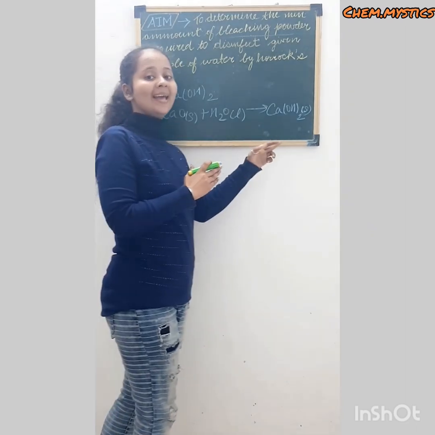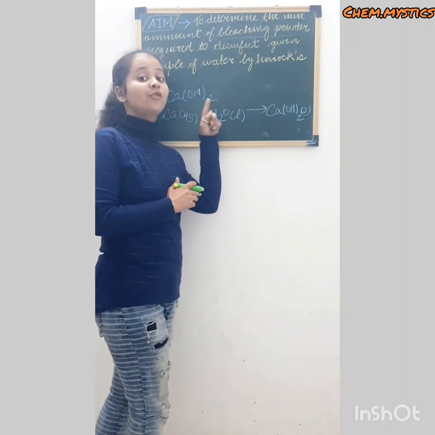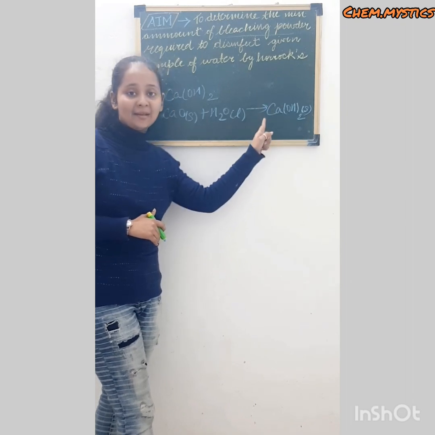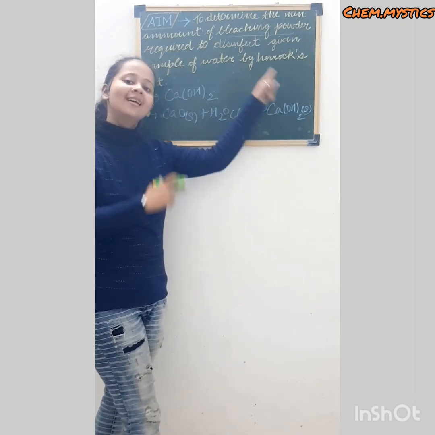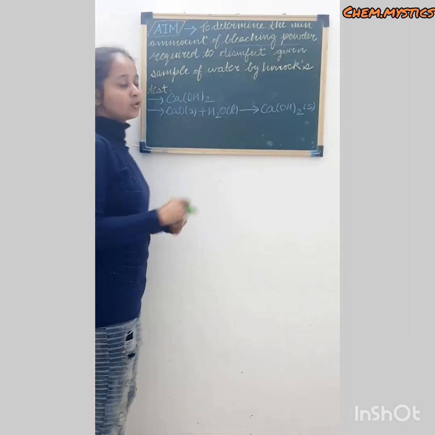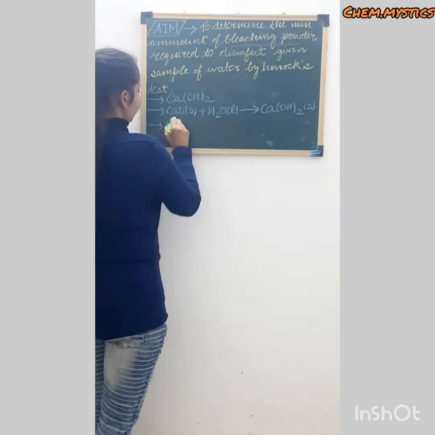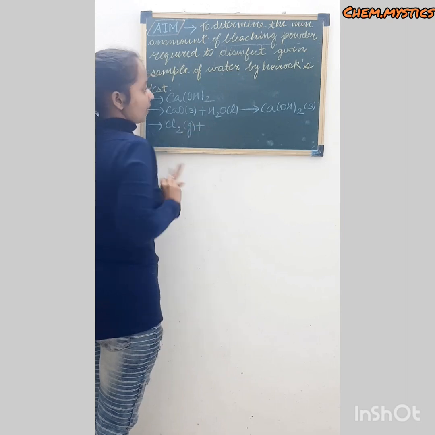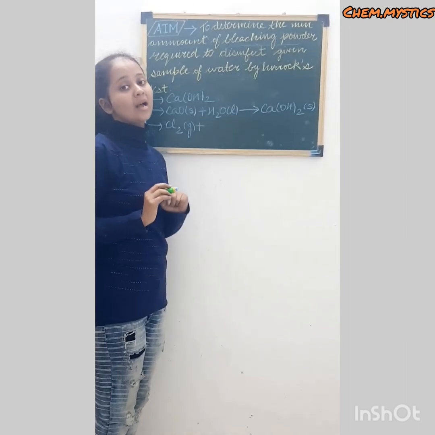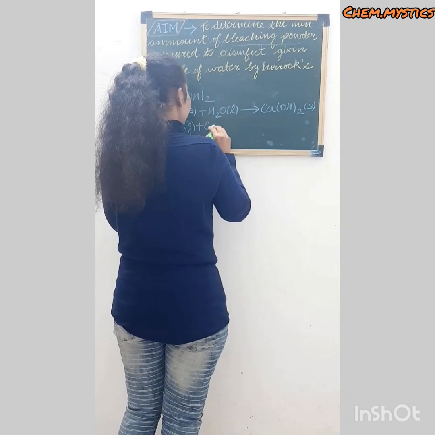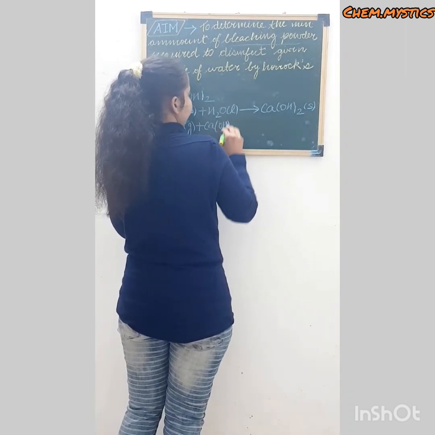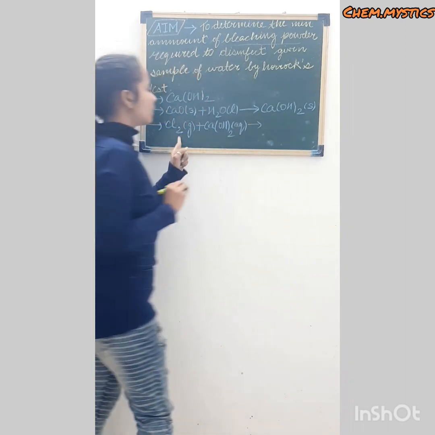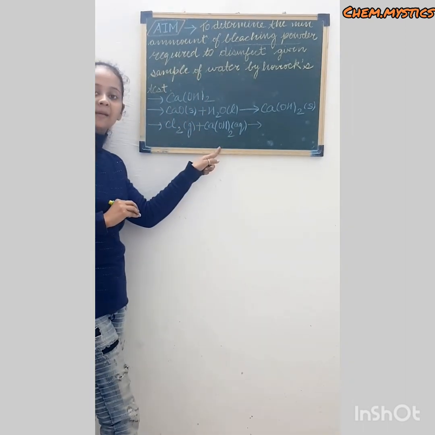So in this way slaked lime gets produced, and when chlorine gas is passed on this dry slaked lime, then bleaching powder gets synthesized. It will be Cl2, that is chlorine gas, plus Ca(OH)2, that is slaked lime. So what happens when chlorine gas is passed on slaked lime?